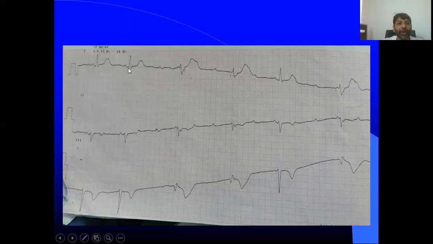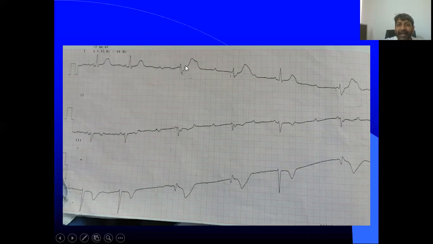Then just follow. The next P is again within the T of the second QRS. The fourth P is clear, but the fourth P is without QRS, isn't it? You don't have any QRS after P. After a long PR, you found a broad QRS.